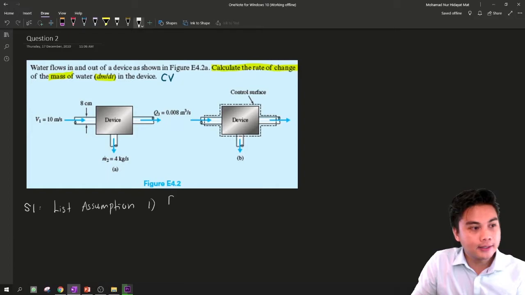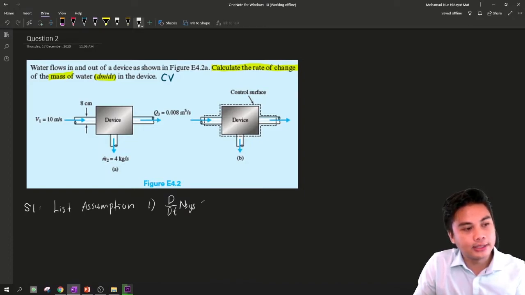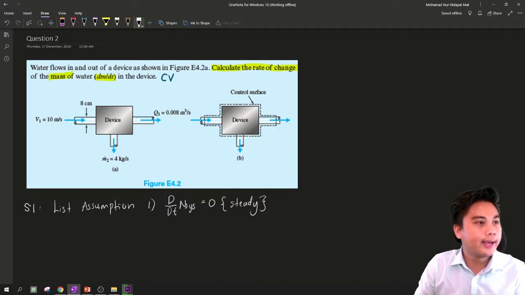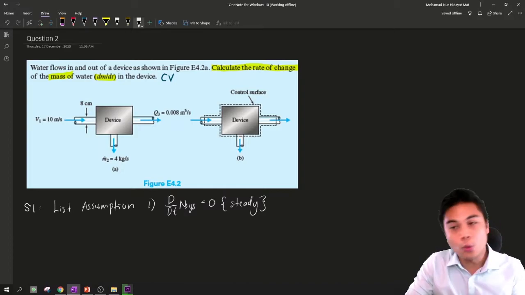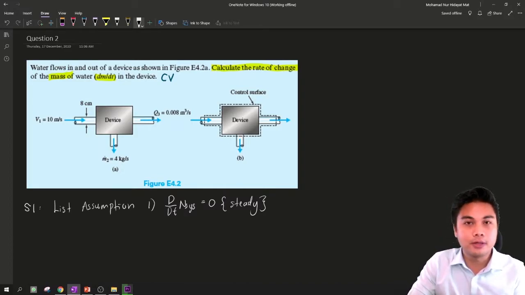So d/dt of the system is steady, so it is equal to 0. Steady flow of the whole system, right? And secondly, the medium of flow is water. Thus, the density is constant.